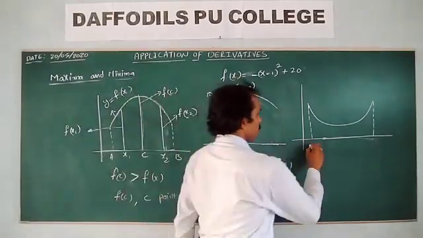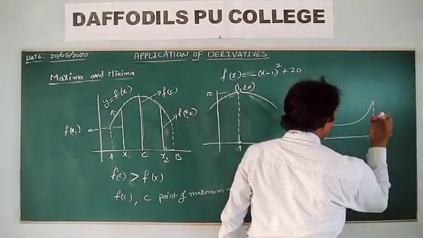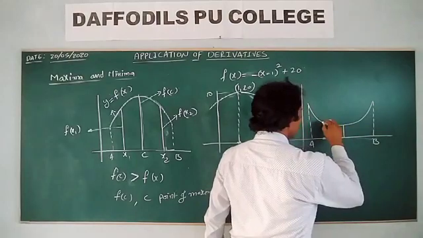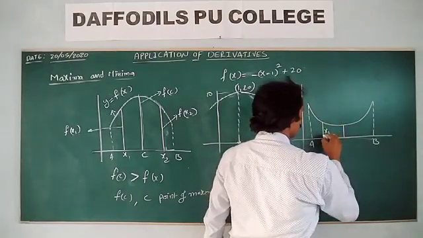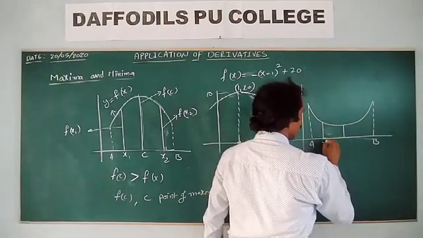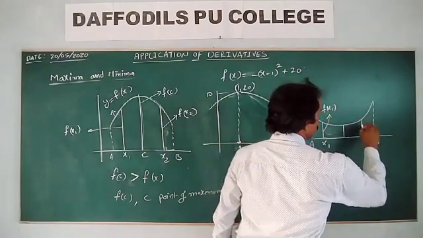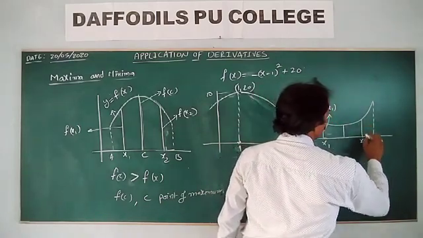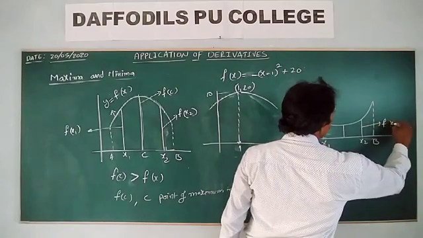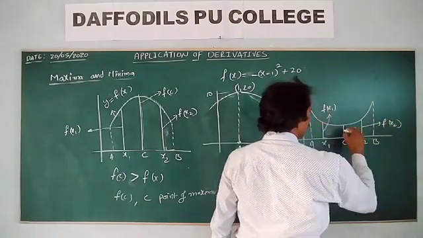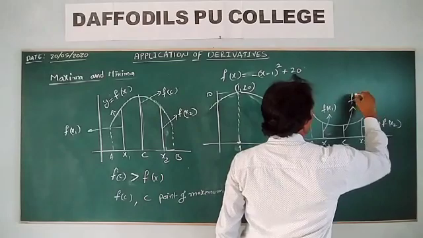Here, this is x1, and this is f of x1. This is x2, and this is f of x2. This one is c, and this is f of c.